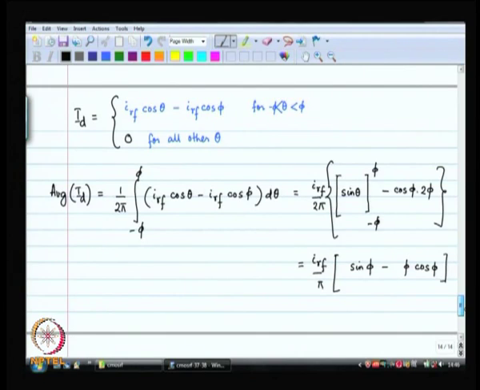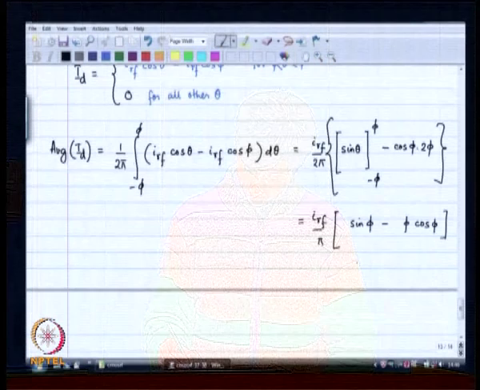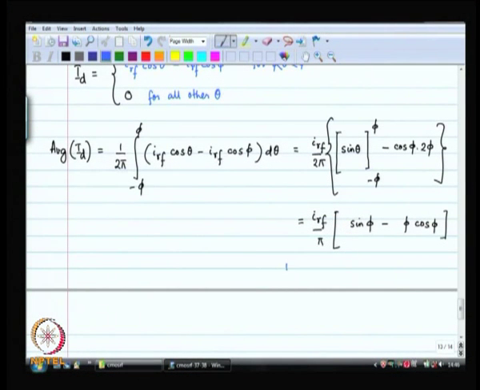Now, what is going to be obvious over here is when you substitute, this is your sanity check, we said that if we substitute phi equal to pi by 2, we should get back our result for class B. So, if I substitute phi equal to pi by 2, sin pi by 2 is equal to 1, phi times cos phi, cos of pi by 2 is equal to 0. So, I basically get IRF by pi.